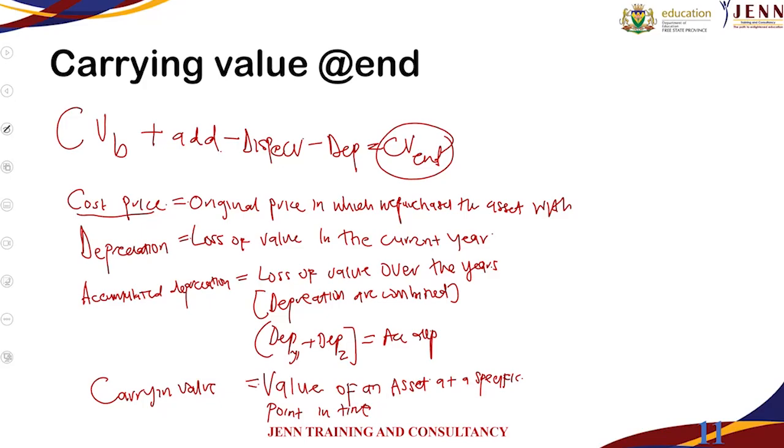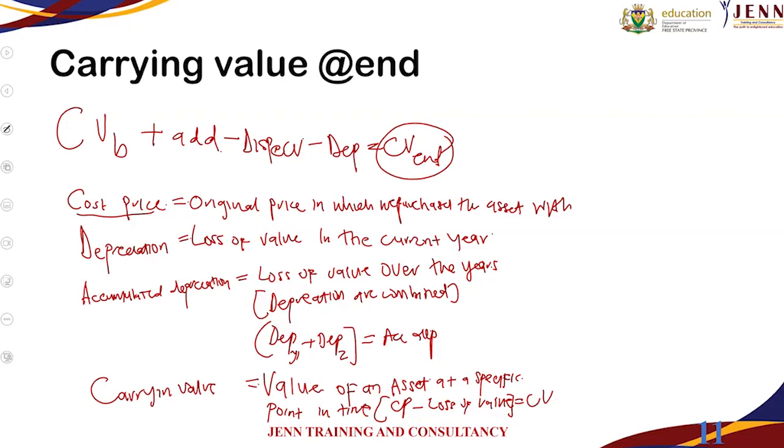Remember, we had the cost minus accumulated depreciation. We are saying the cost price minus the loss of value gives us the carrying value, the value of an asset at a specific point in time. How much it is worth at that point.